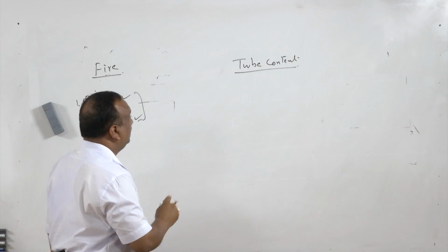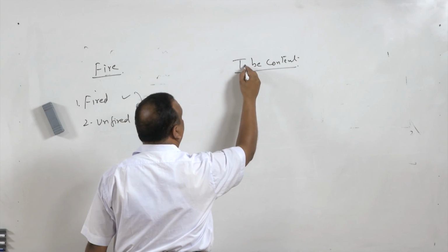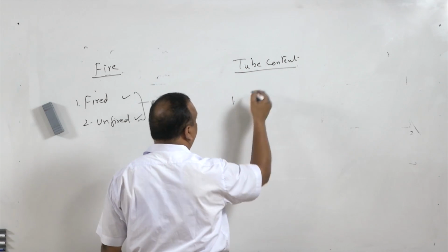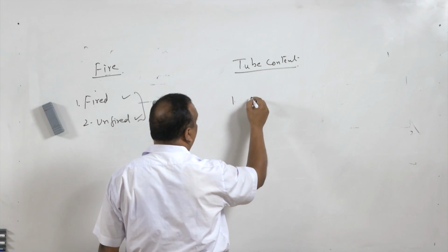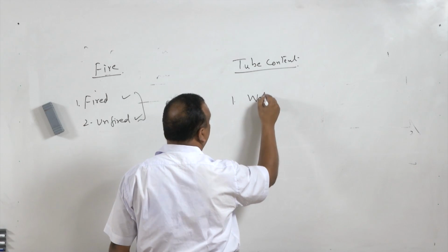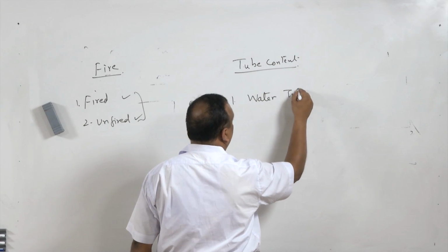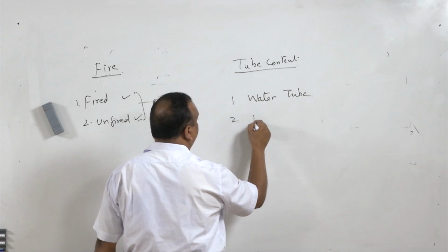Another classification of the boiler is tube content. This is a very popular classification of the boilers. According to tube content classification, number one is water tube boiler. Number two is fire tube boiler.